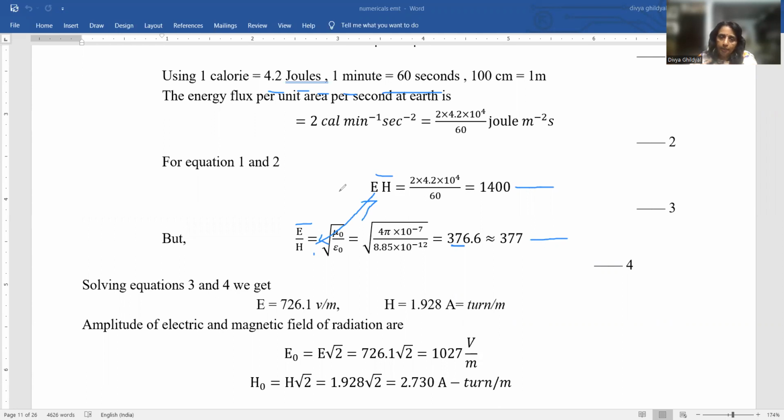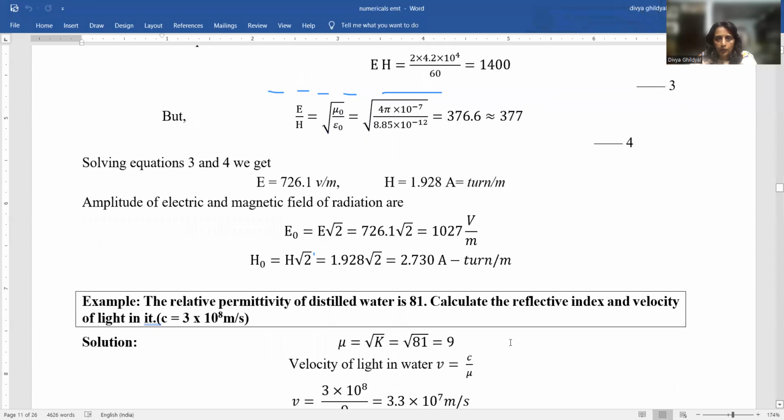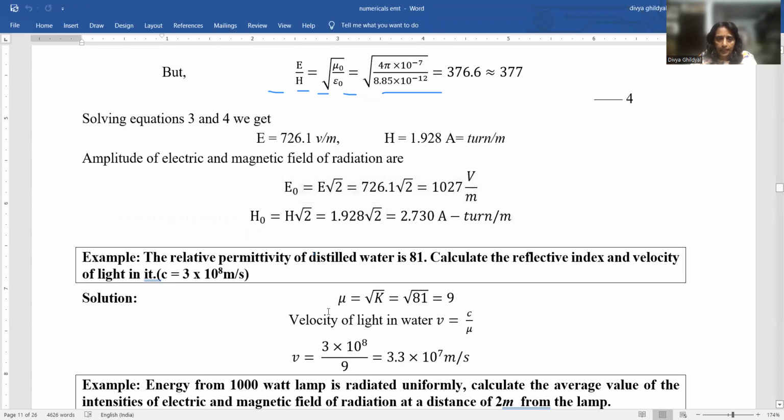Or if you multiply, simply you can get the other value. And for getting the amplitudes of electric and magnetic field, we use the root mean square formula, RMS. If you recollect the RMS formula, multiply it by root 2 for getting the amplitude.